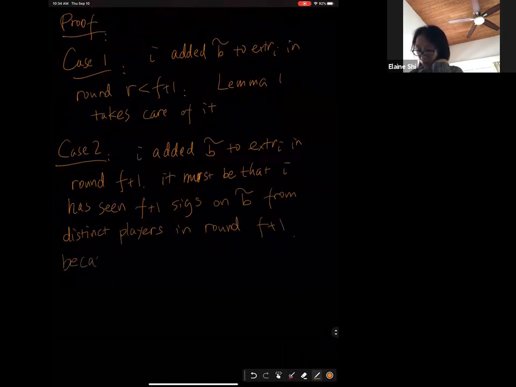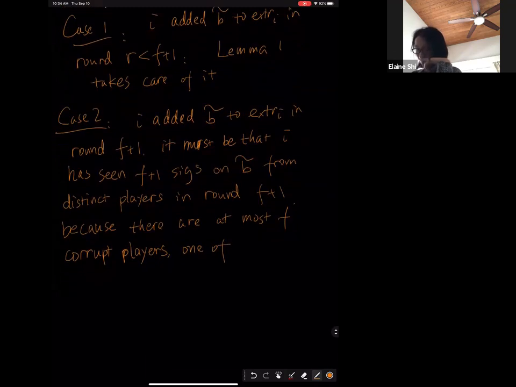Because there are at most f corrupt nodes, one of these signatures must come from an honest node.